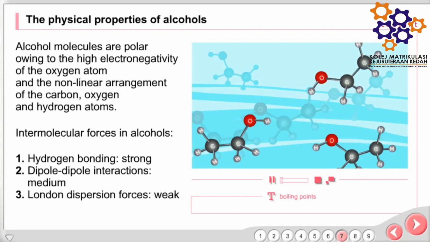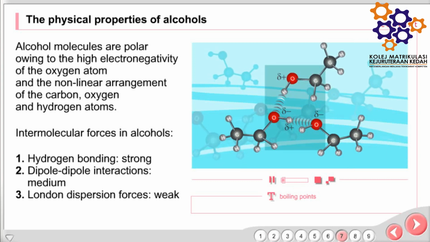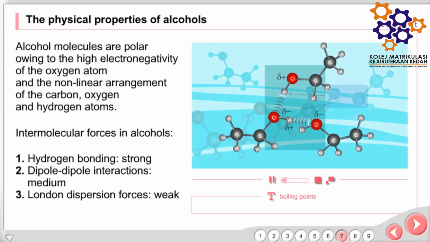The high polarity of OH bonds gives rise to extensive hydrogen bonding between alcohol molecules. Hydrogen atoms bearing a partial positive charge are attracted to the negatively charged oxygen atoms of neighboring molecules, forming a network of hydrogen bonding throughout the body of the liquid.